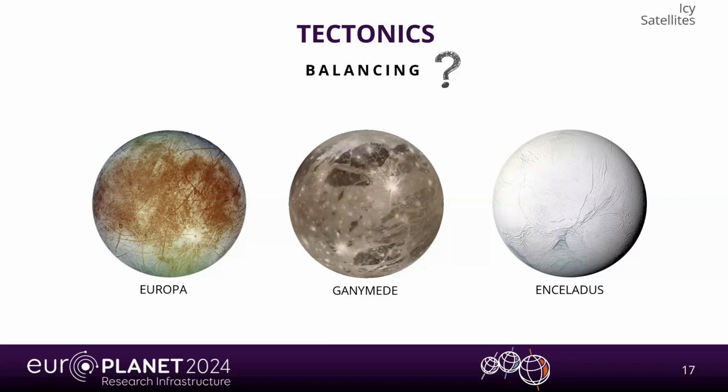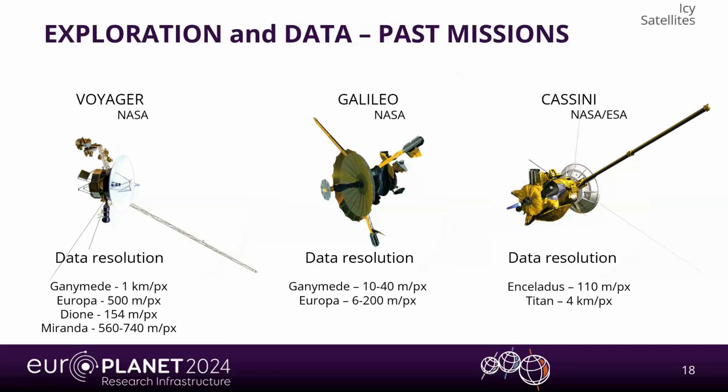But conversely, some satellites have been well observed by past missions that acquired good coverage of image data. The past missions that explored the outer solar system started with Pioneer, but later some of them focused particularly on the icy satellites. Such missions have acquired the data that we currently investigate today.